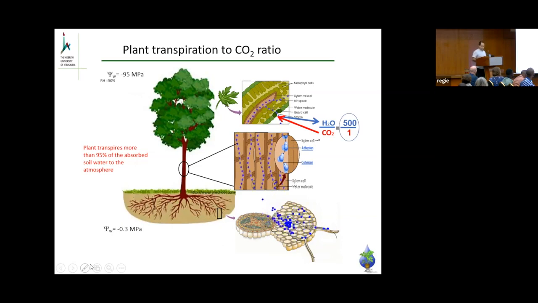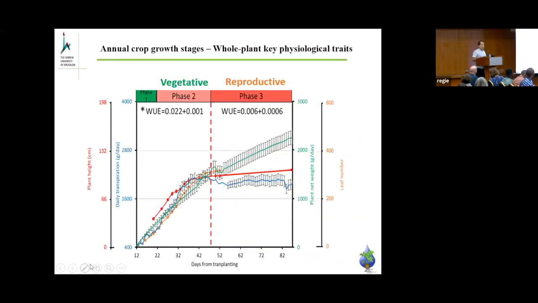It's true for tomatoes. And when you look at the developmental phases of a plant, you can see clearly 2 main phases: vegetative and reproductive. During the vegetative phase, plants are producing leaves and growing in height, and the blue line here is the total transpiration. You can see the total transpiration goes very nicely with the height and the leaves.